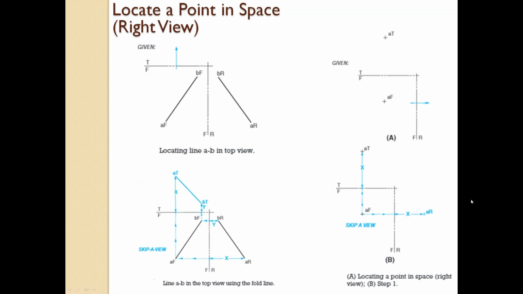Let's look at this first exercise about how to locate a point in space. Let's say we're given the top view, front view, and right side view, with these two lines given here. To establish the point in space, you project them all the way to the top. Same thing from point B, project to the top view, and then measure the distance y.